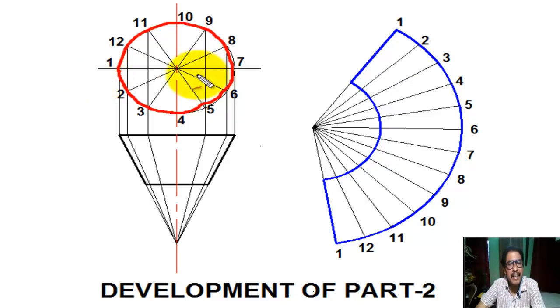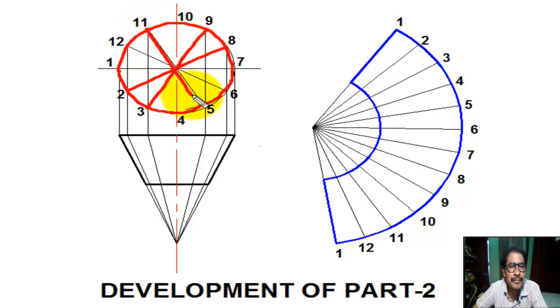Now, divide the circle into 12 equal parts by 30 degree and 60 degree with the help of a 30-60 set square. This is 30 degree, this is 60 degree.